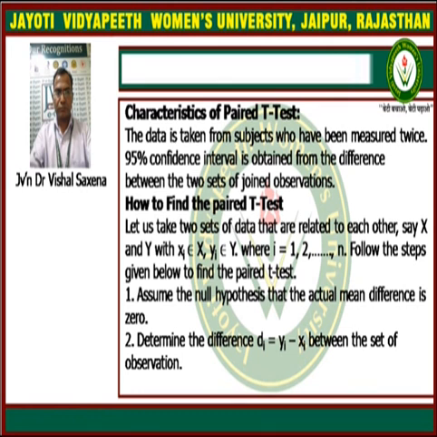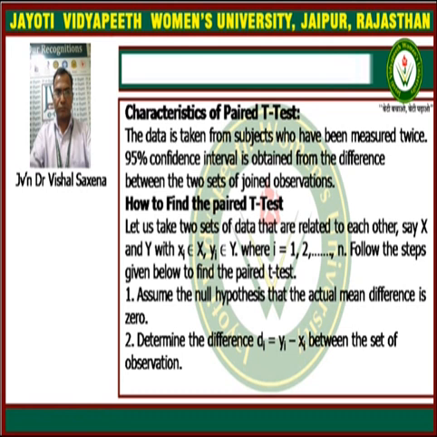The first point is to assume the null hypothesis that the actual mean difference is 0, because this is a statistical test and we have to find the t statistic.